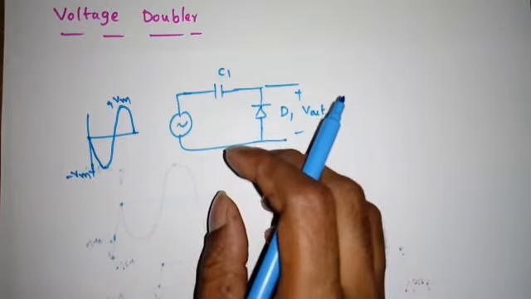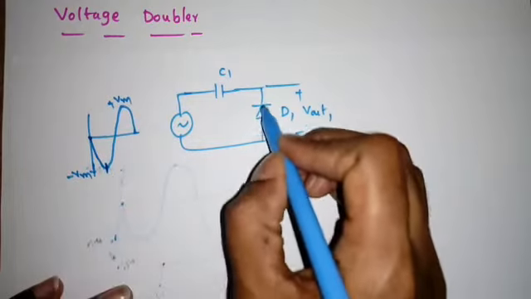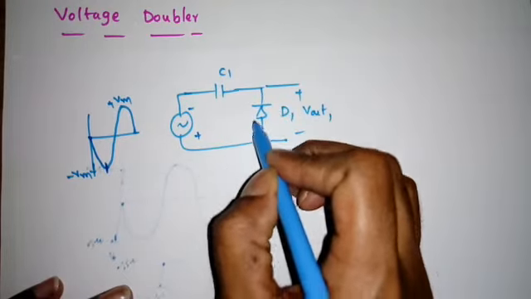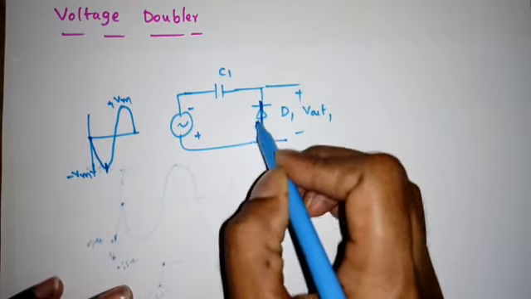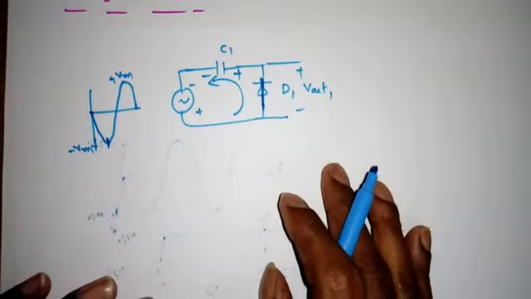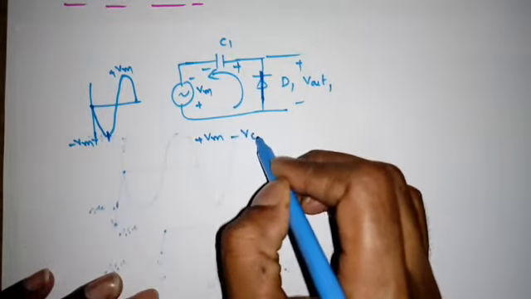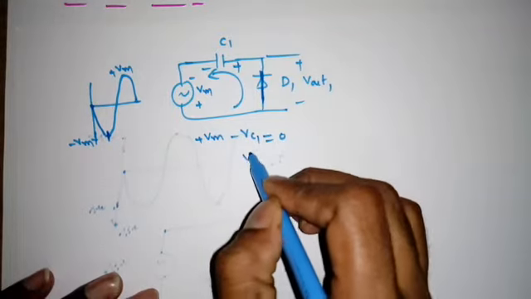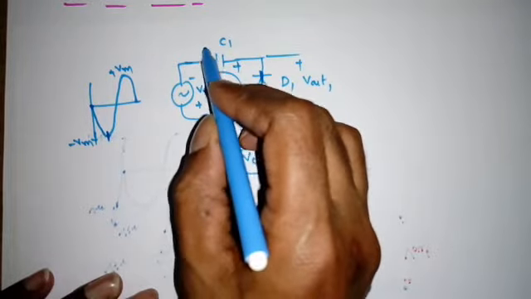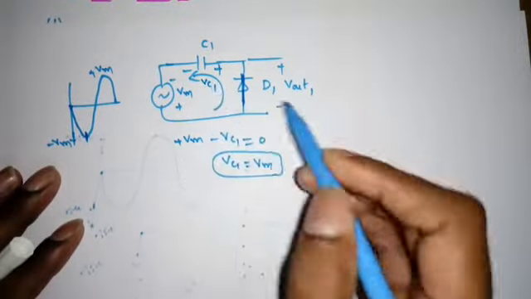If you recall from the clamper operation, if I give the negative half cycle, from 0 to minus Vm, the diode D1 will be on, which means it is a short circuit, so the capacitor will charge like this, plus minus. So here plus Vm minus Vc1 is equal to 0. So what is Vc1? Vm, right? If I give the polarity as plus minus Vc1, we will get minus Vm. So this is the Vc1.